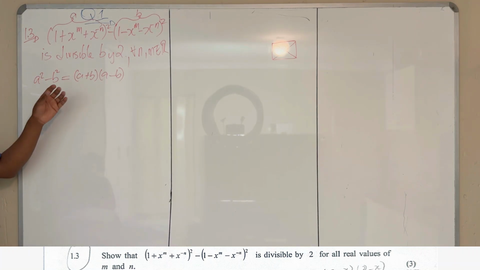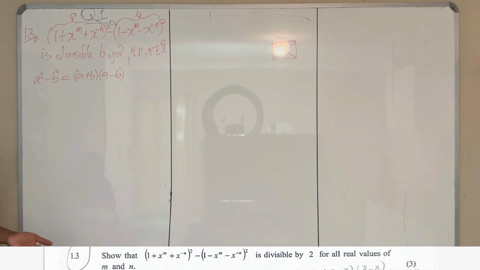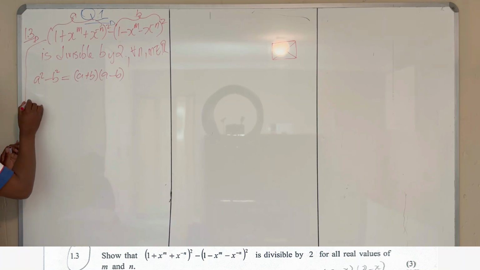Are you happy? So this is our A, we're going to put it there. This is our B, we're going to put it here. And this A, put it there, and B, put it there. And then simplify from there. So in that case, that now is equal to what?